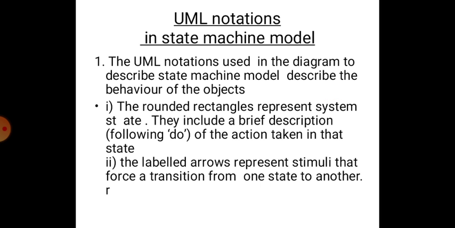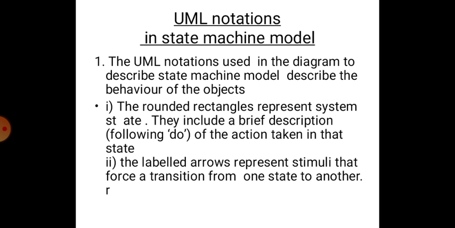Now we are using UML notation for the state machine model. I have described the UML notations to you earlier. So UML notations such as rounded rectangles and labeled arrows are seen in the diagram. These UML notations are used to describe the state machine model and behavior of objects. The rounded rectangles represent system states.